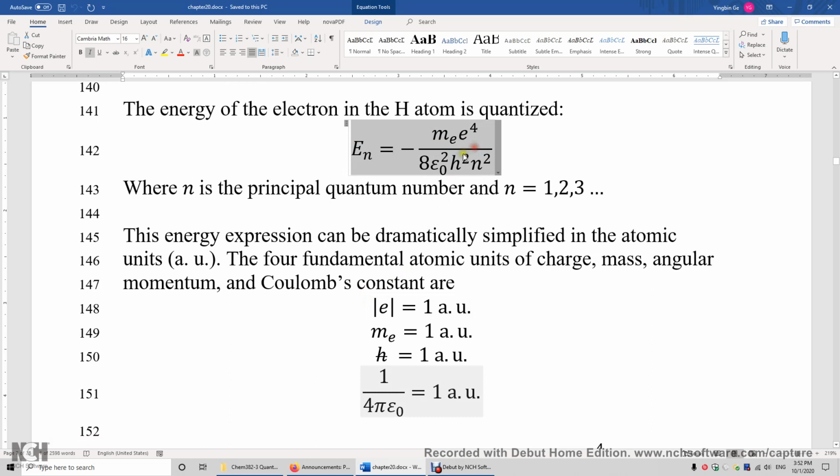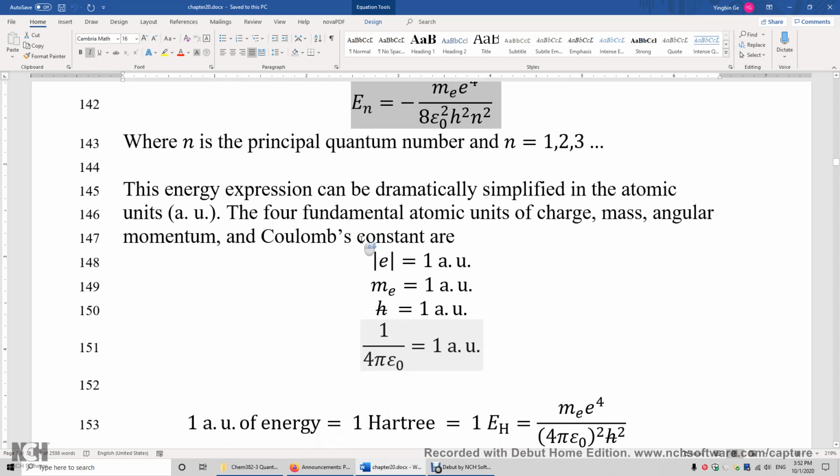This expression is rather complicated, but it can be dramatically simplified in atomic units. There are 4 fundamental atomic units: charge, mass, angular momentum, and Coulomb's constant. The absolute value of the charge of an electron is defined to be 1 atomic unit of charge.